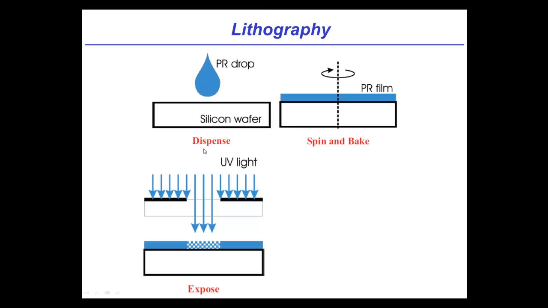And it turns out the light affects the polymer. Depending on the type of photoresist, it can either cause it to cross-link, in other words, form this dense network, or it can break existing cross-links. Anyway, the consequence of that is we've changed the chemical properties such that there's a difference between the photoresist film under the chrome and the photoresist film under the openings.